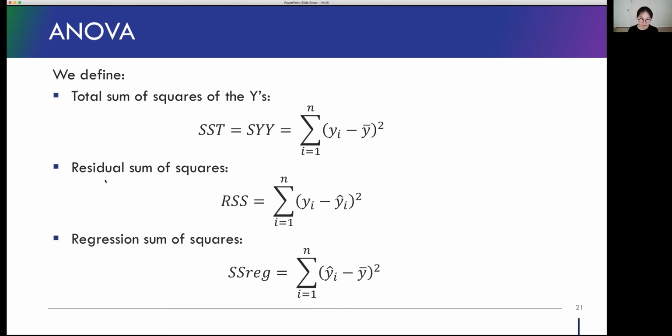You might remember this, the residual sum of squares. That's yi minus y hat squared, and sum them over all n observations. And we also have this regression sum of squares, SS reg. I think when we talked about R squared, we talked about this, right?